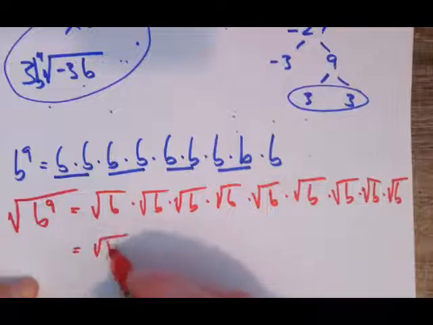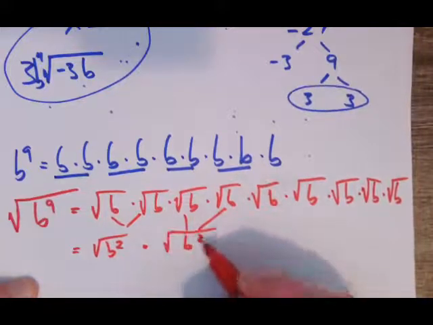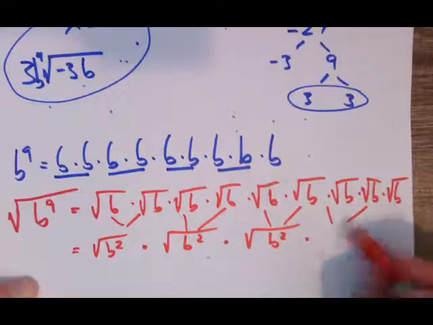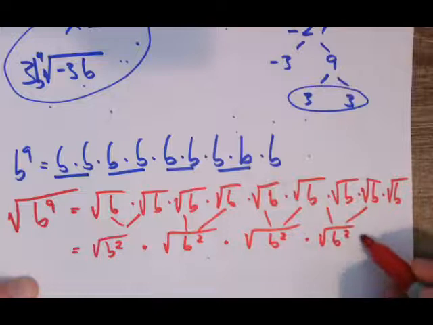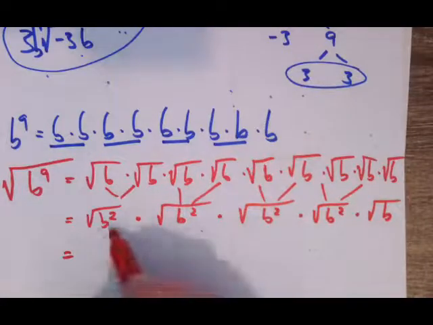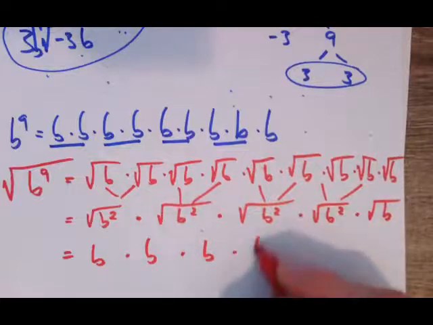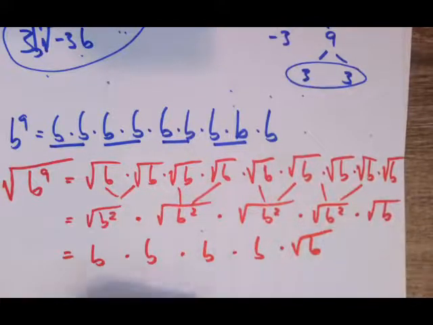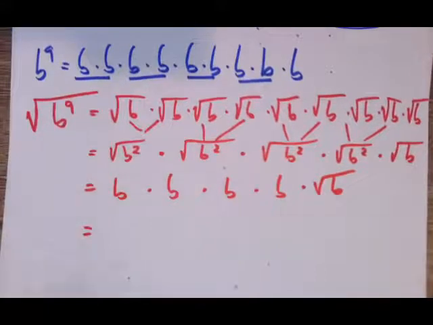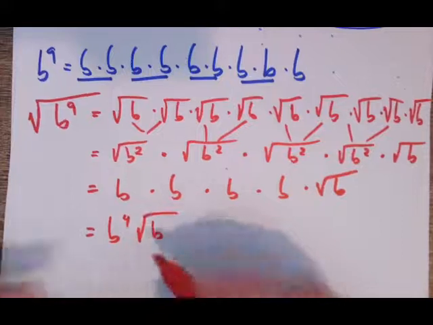So that equals the root of b squared, that's what these two are, times the root of b squared times the root of b squared times the root of b squared times the root of b. See where this is going? So the root of b squared is b, so it's b times b times b times b times the root of b, which equals b to the 4 times the root of b.